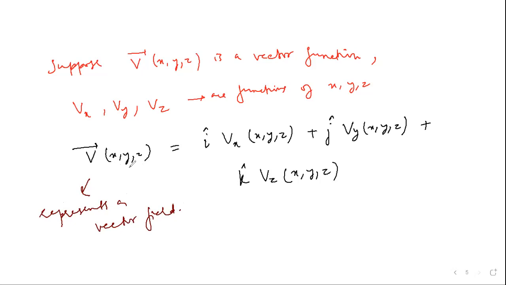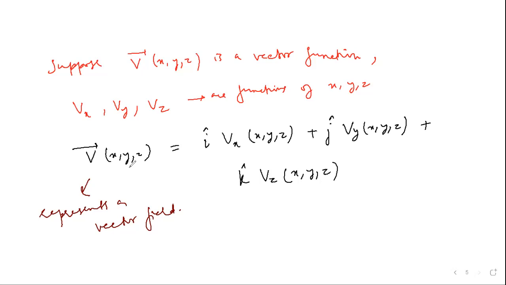It can be gravitational field around some mass. So it is in general some vector field. That means at each point of space there is a vector v. The magnitude and direction of v may vary from point to point.